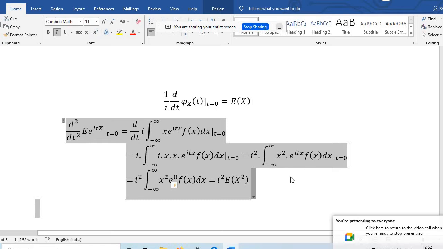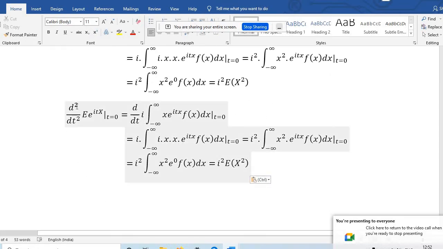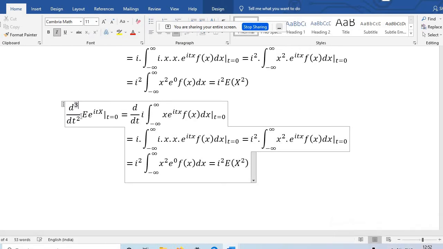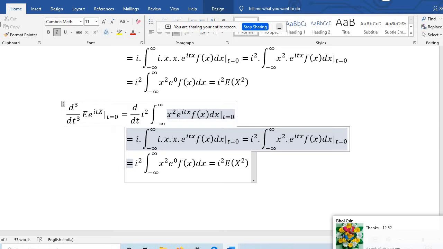എന്തായിരിക്കും പ്രൊസീജിയർ? Third raw moment, d cube by dt cube expectation of e raised to itx at t equal to 0. Then it will be, I square into integral x square e raised to itx f of x dx.